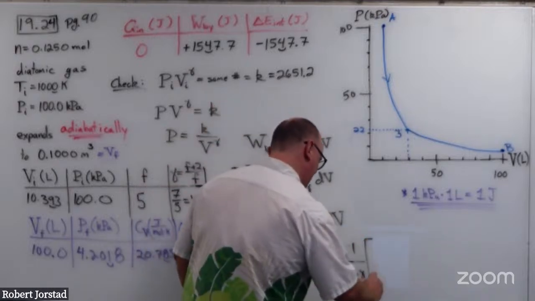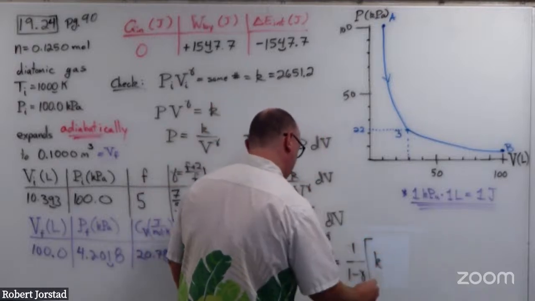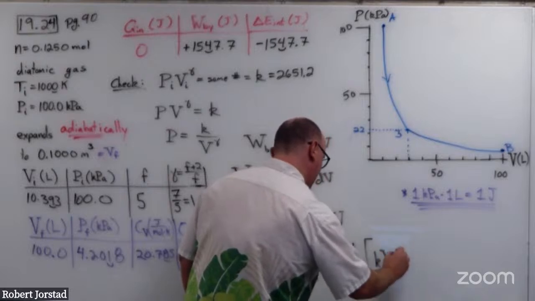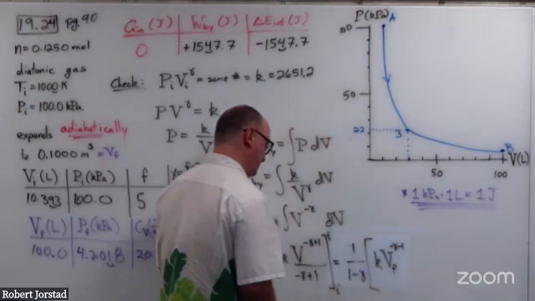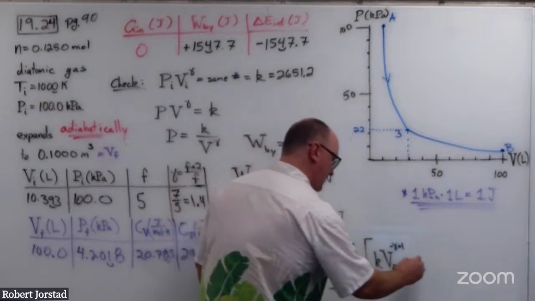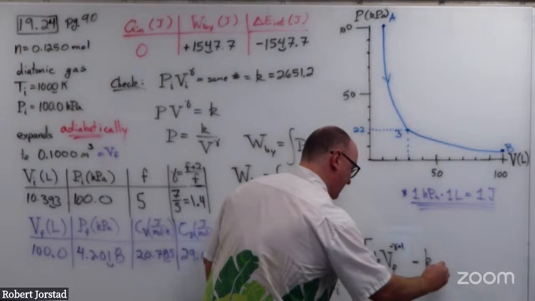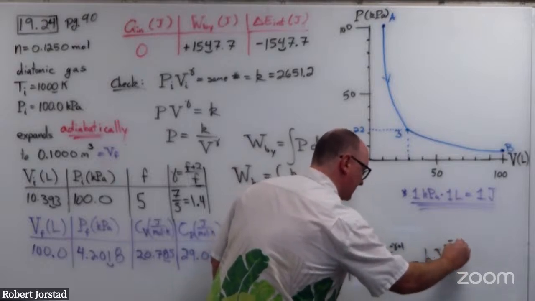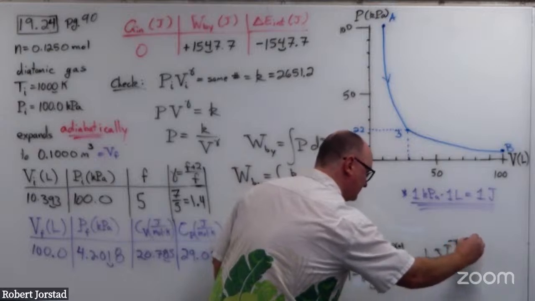And then it's K times V final to the negative gamma plus 1, minus K times V initial to the negative gamma plus 1.